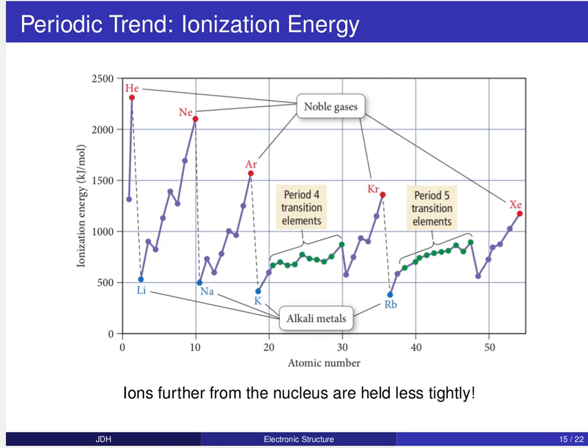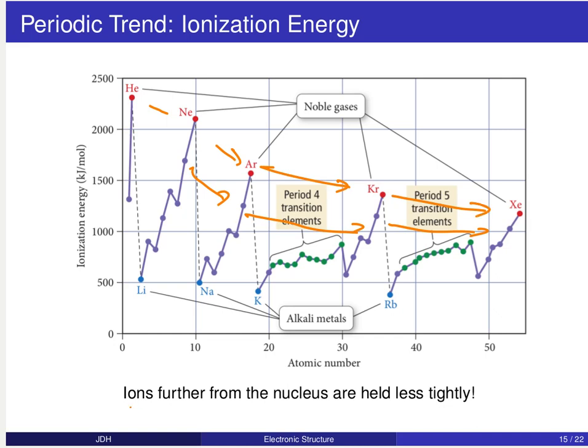All right, so if we plot out the ionization energy as a function of atomic number, we see a number of important trends that come out. First off, if you follow, for example, the noble gases or any given column on the periodic table, we will find that there is a general decrease in ionization energy.